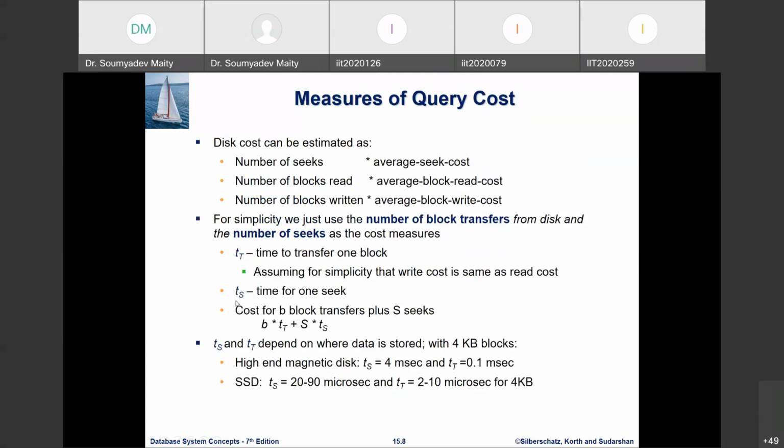So if we can calculate how many block transfers will be required, say B, and how many seeks will be required, say S, then the total time required to perform that operation is equal to B times TT plus S times TS. Clear?